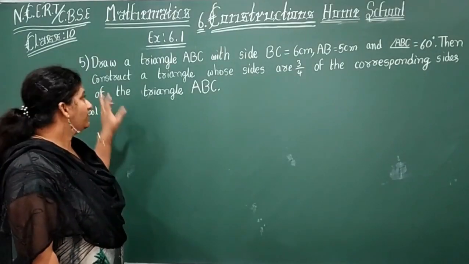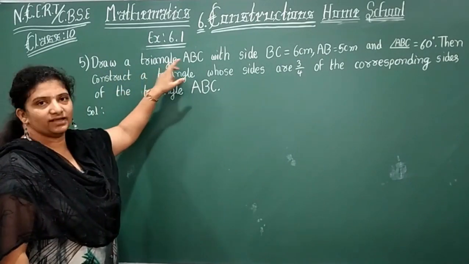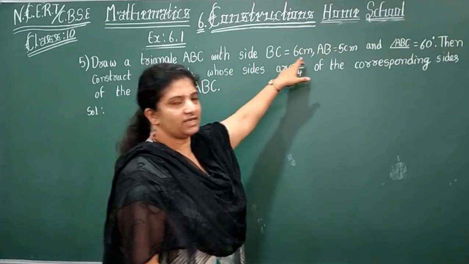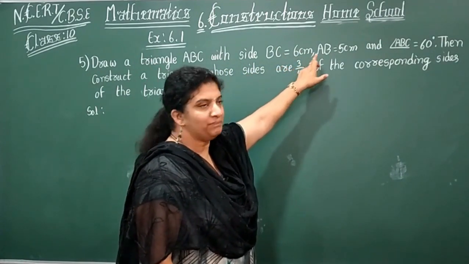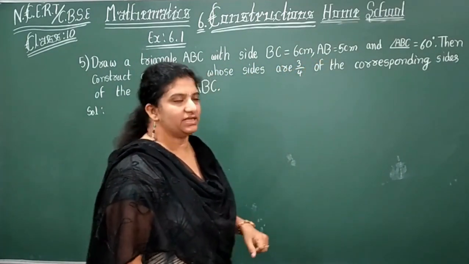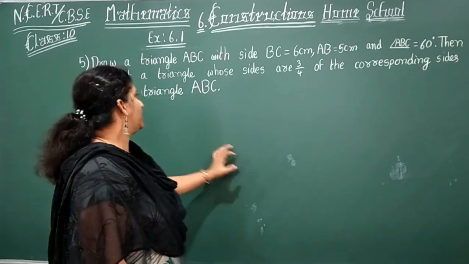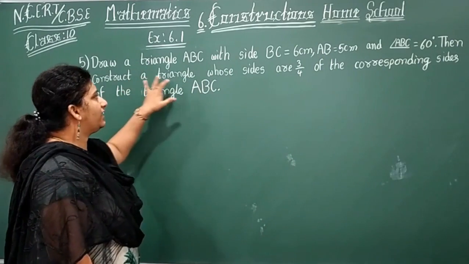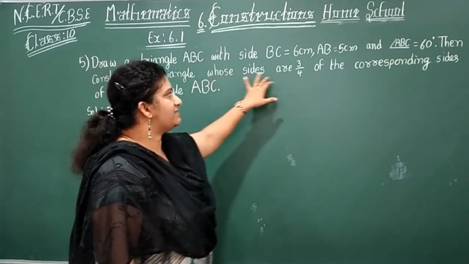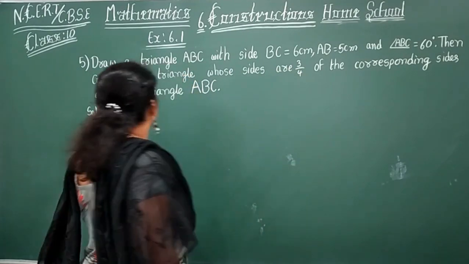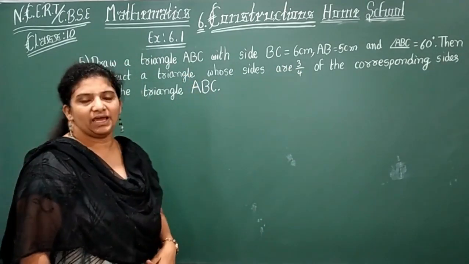Fifth problem. Draw a triangle ABC with side BC equal to 6 cm, AB equal to 5 cm and angle ABC equal to 60 degrees. Then construct a triangle whose sides are 3:4 of the corresponding sides of the triangle ABC.